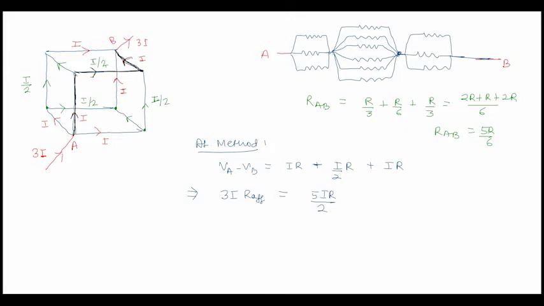So from here we get the value of effective resistance as 5R by 6 again. So this question can be solved in this method as well by applying Kirchhoff's law.